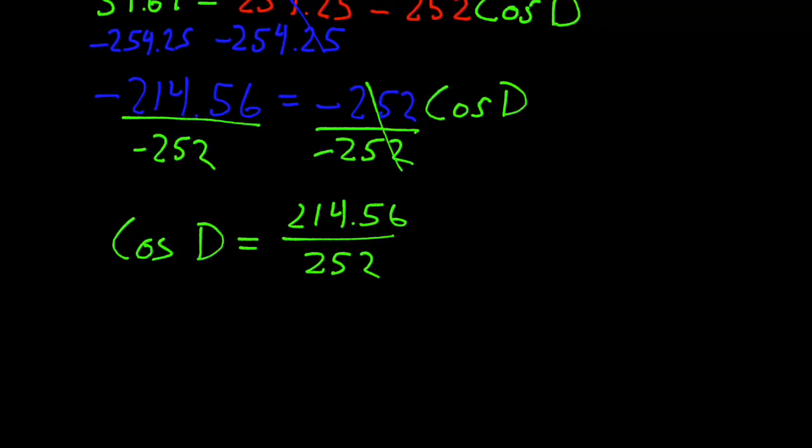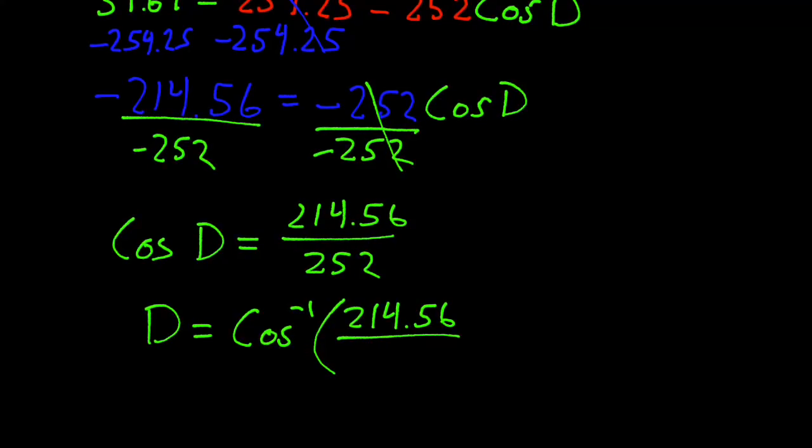All right, we've come a long way. This law of cosines, when we have all three sides, is a lot more intense than the original, but it is what it is. We'll be okay. I need to solve for d. And since the cosine of d gives me this relationship, d is equal to the inverse cosine of 214.56 divided by 252.